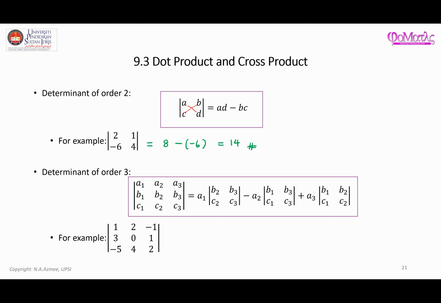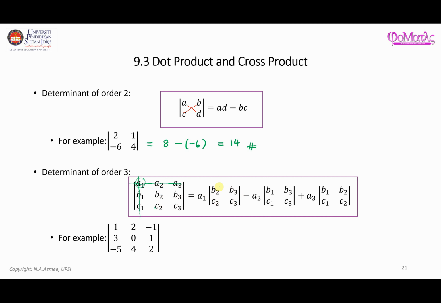Next, if you have a 3 by 3 matrix and you want to find the determinant of order 3, what you can do is first consider A1. When you consider A1, you cross out its row and column, and you just focus on finding the determinant of B2, B3, C2, and C3.